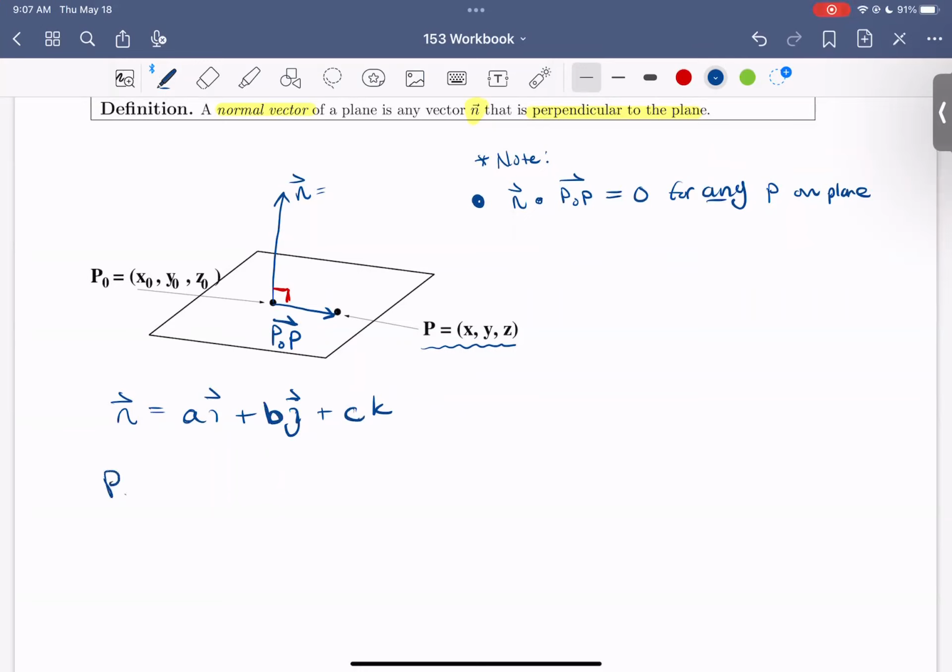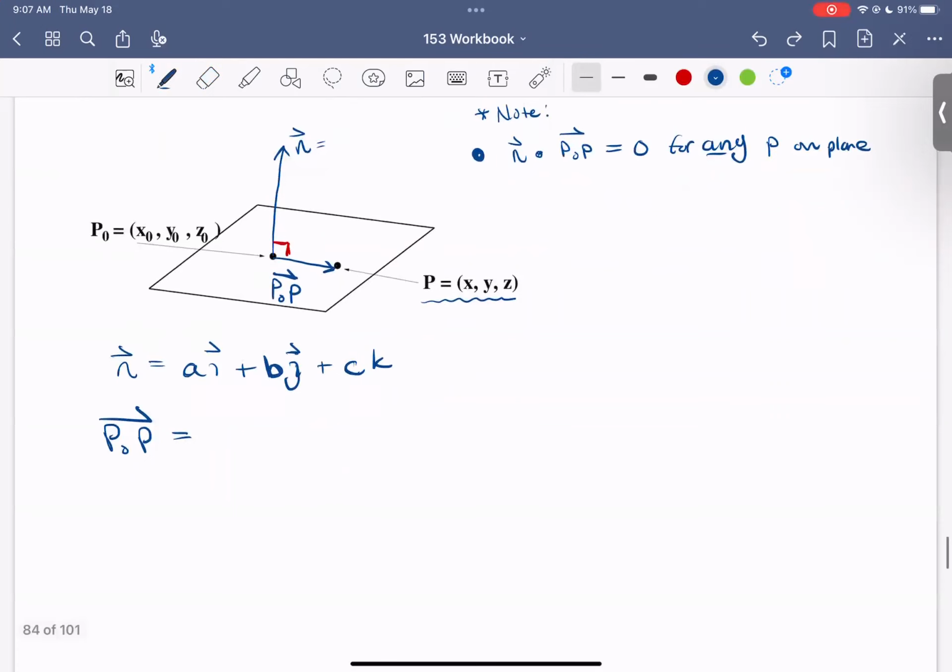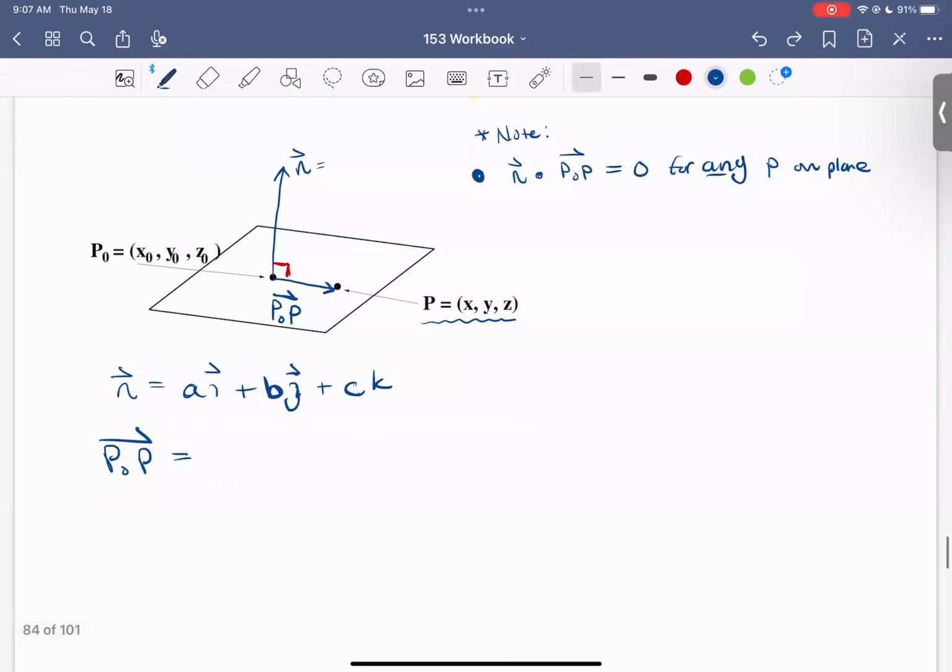So now how do we describe the vector P naught P? We know that the vector P naught P starts at the point x naught, y naught, z naught, and goes to the point x, y, z. To create that vector, we just subtract corresponding components. So we start with P and subtract P naught. That's how we always write these vectors in any dimension.